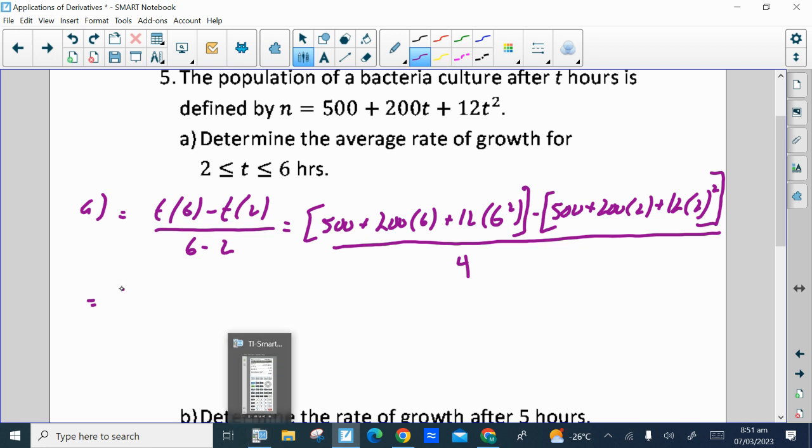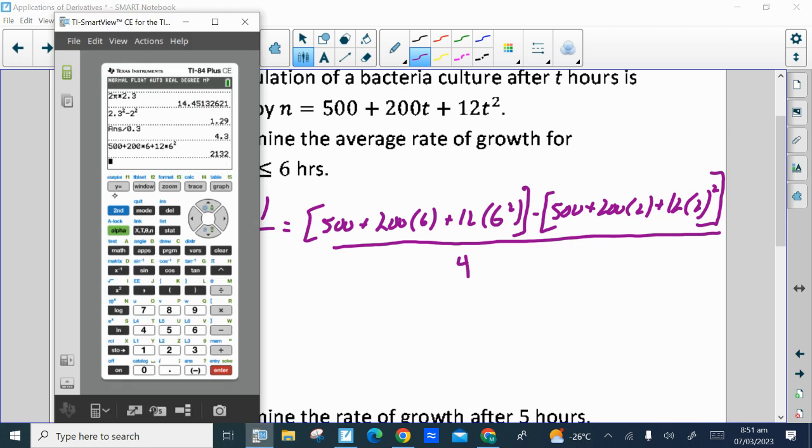So again, that first number was 2132 minus N at 2, which is 948.